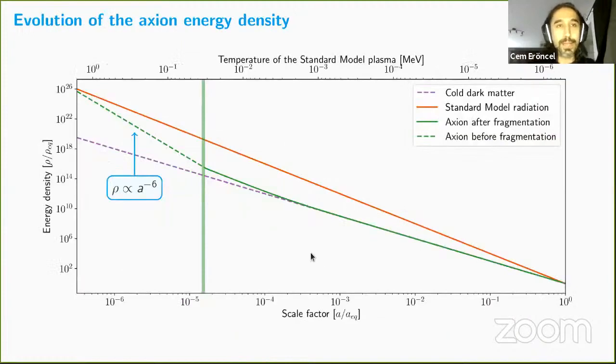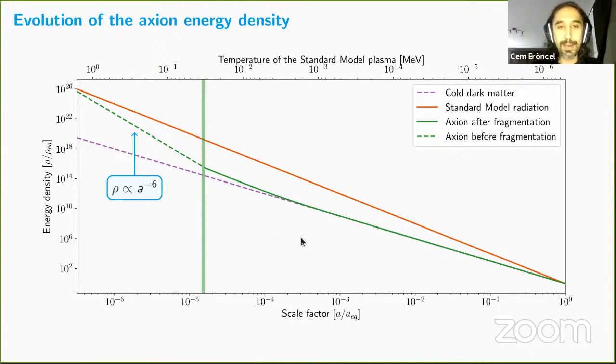So how is the evolution of the axion energy density in this model? Initially, the axion field is dominated by its kinetic energy. Therefore, the energy density scales like kination, so a⁻⁶. Then on this line, fragmentation happens.